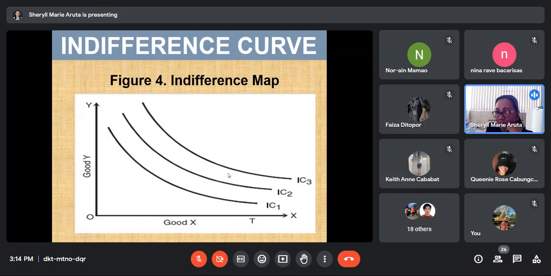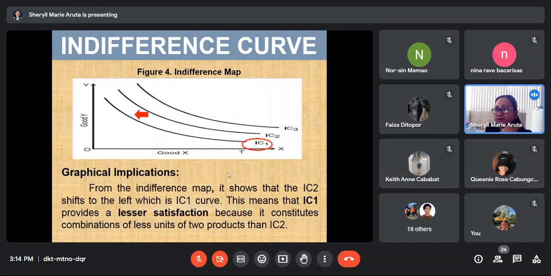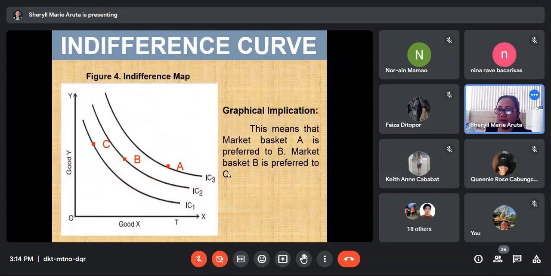So, I will now move to another, our example earlier. When we look at the indifference map with a combination of points A, B, and C, this means that market basket A is preferred to B because A has a greater satisfaction. Market basket B is preferred to C because B yields a greater satisfaction than C, because C belongs to IC1, and IC1 is a lower indifference curve than indifference curves 2 and 3.